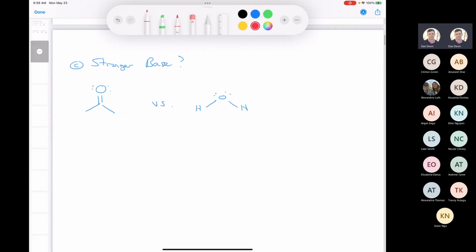Okay, let's draw the conjugate acid of both of these. The conjugate acid of this was the oxonium ion, and the oxonium had a pKa equal to -7. The conjugate acid of water is hydronium, and hydronium has a pKa of around -2.